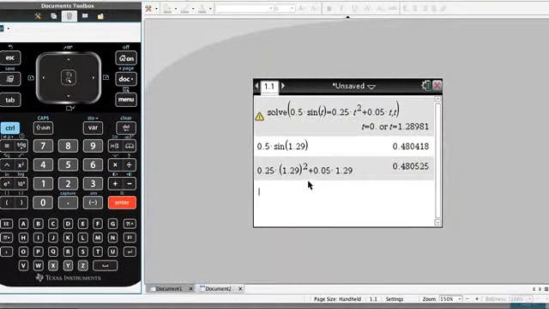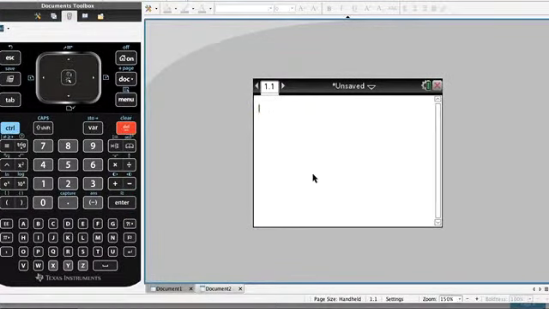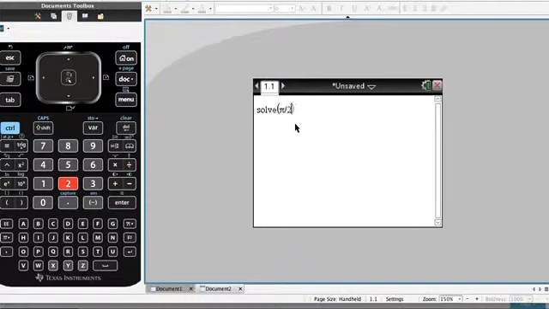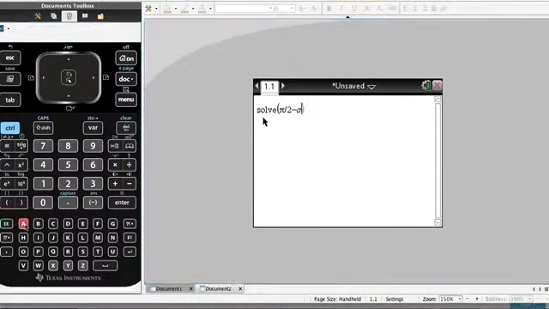Put that in the CAS. Put everything there. So we're going to have solve, and we've got pi on 2. If you don't want to use theta, because it's awkward to find, you can just use anything. I'll use a t. T for theta plus tan theta equals 2.